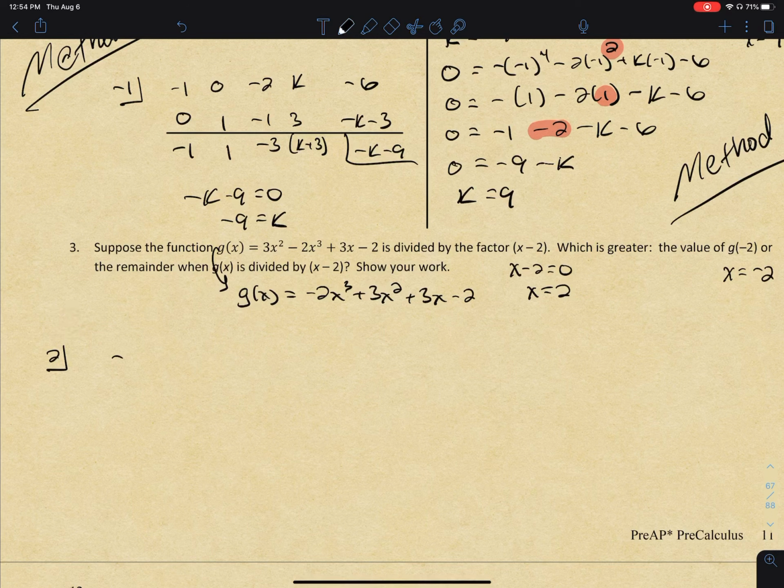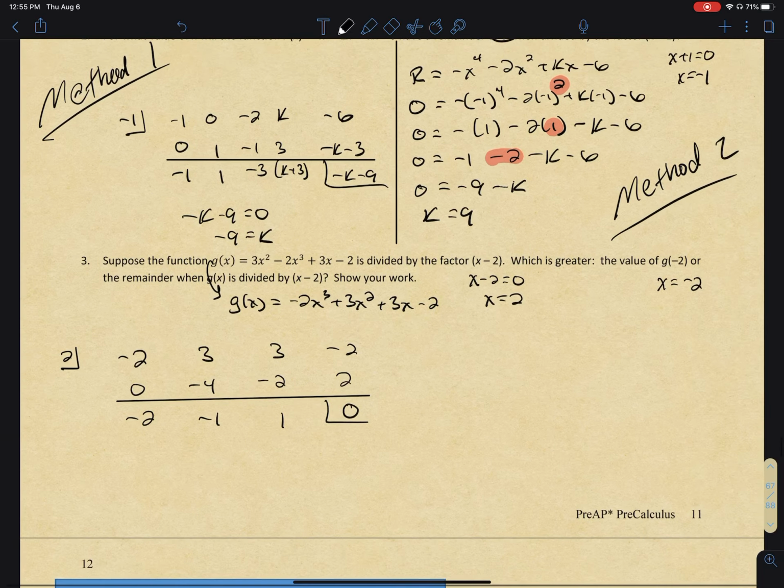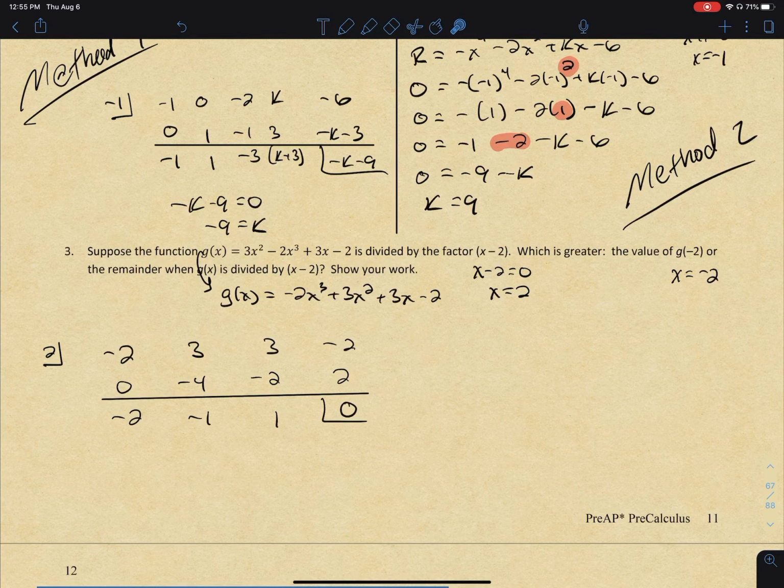So my coefficients are negative 2, 3, 3, and negative 2. Add, multiply, add, multiply, add, multiply, remainder 0. So the first part is, which is greater, the value of g of negative 2 or the remainder when g of x is divided by x minus 2? Well, here we're saying the remainder is equal to 0.